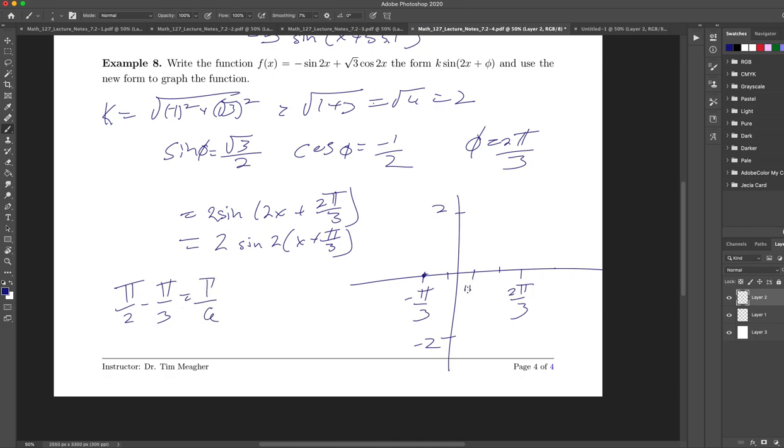There we go. Pi over 6 is where this will cross through, so it comes up, comes back down, and at pi over 6 comes up and goes through. Okay, and so that's just one period, and we can just go from there. Alright, so that's the end of these notes. Good luck and take care, and have fun.